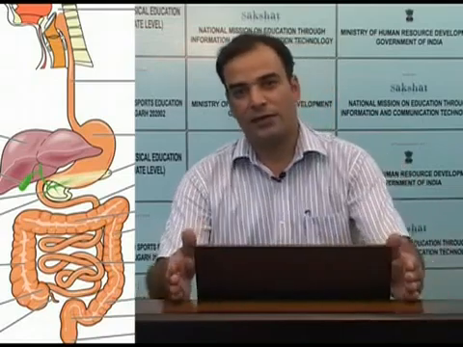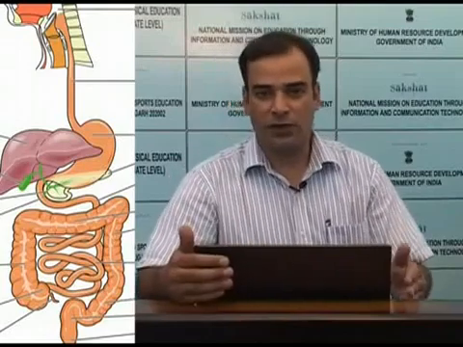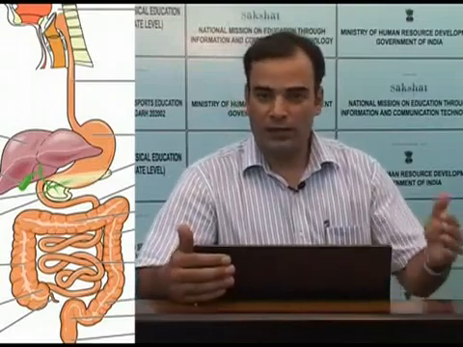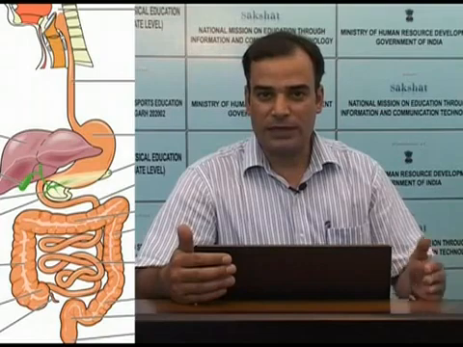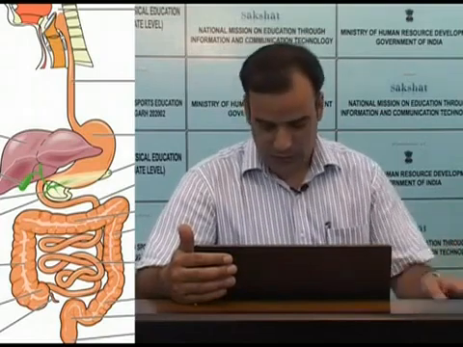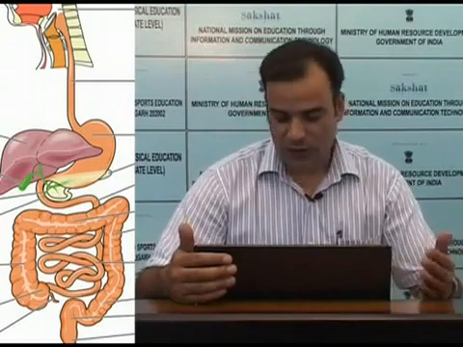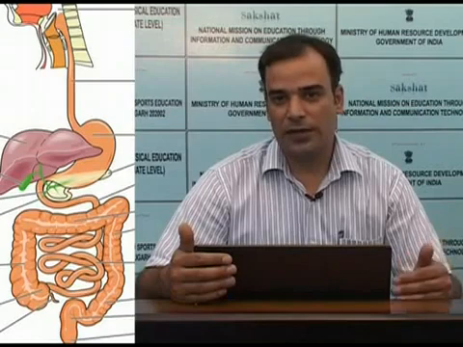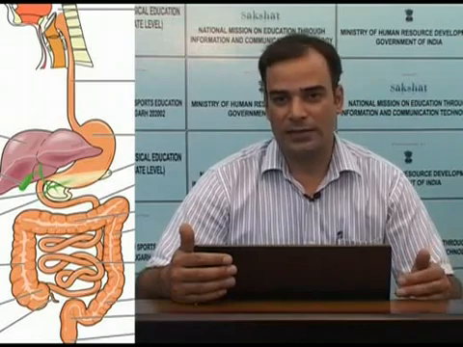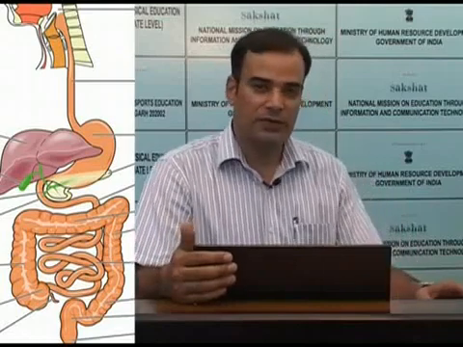In fact, this transport of the digested food into the blood or the lymph also takes place in the digestive system. And this process of the transport of smaller molecules of food into the blood and lymph is called absorption. So this is the third function of the digestive system.